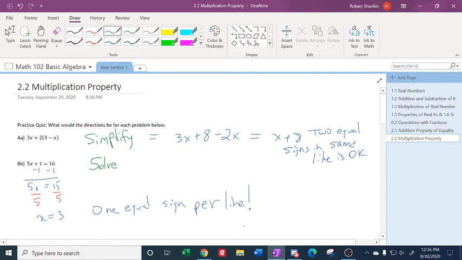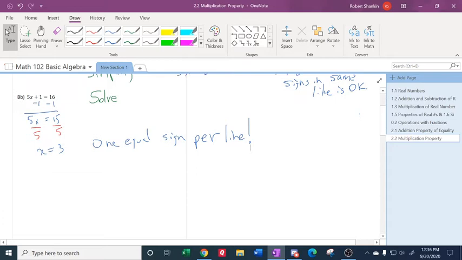Only one. You can't stretch out multiple equal signs. You're balancing this out, and you're getting to the answer. So we treat these very, very differently. We have to have different categories in our brains for these, when we're simplifying versus when we're solving.